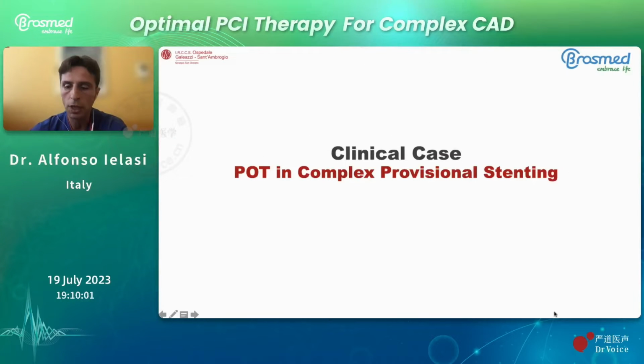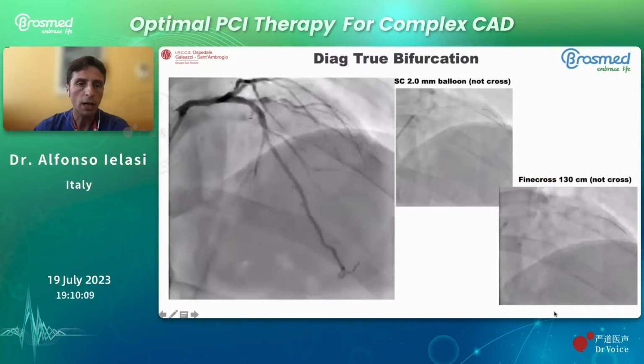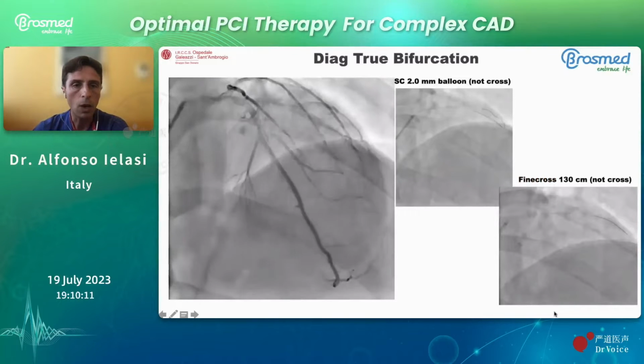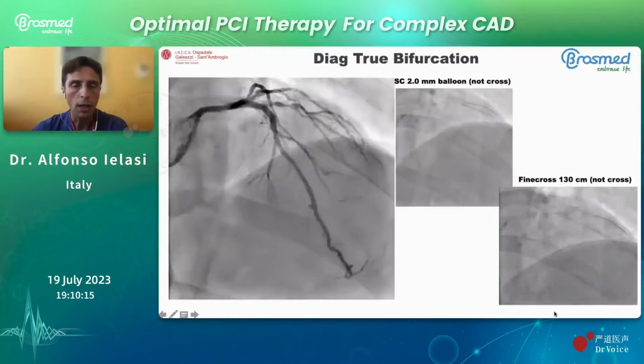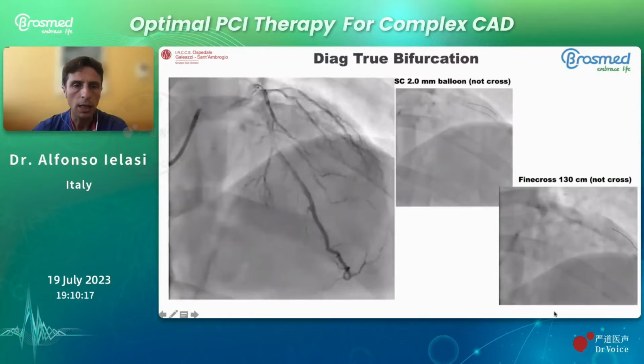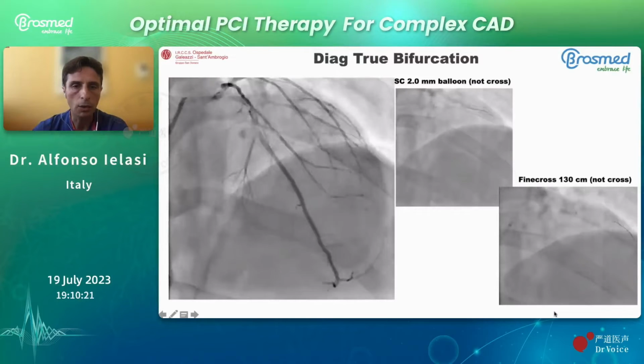So moving from theory to practice, I would like to share some cases of bifurcation PCI. This is the case of a diabetic male admitted to our unit because of effort angina. As you can see, there is a lesion on the first diagonal involving a second branch.